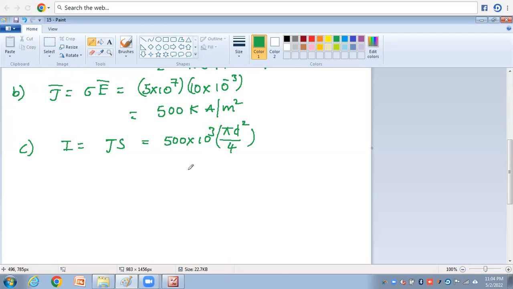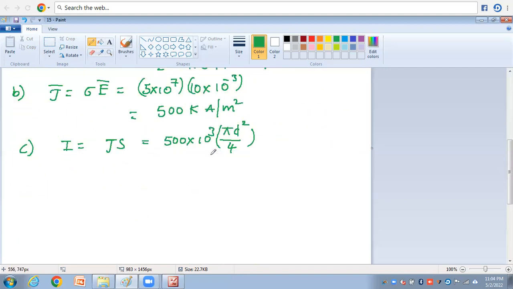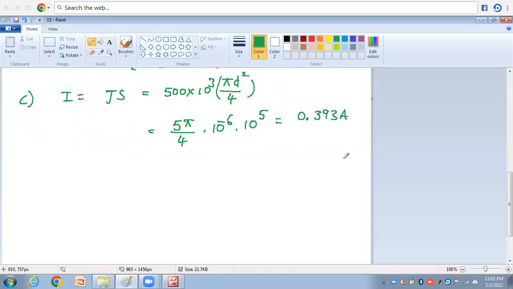So substitute all the values: d squared means 1 millimeter squared. So finally pi by 4 into 10 to the power of minus 6 because of d squared, into 5 into 10 to the power of 5. So the resultant is 0.393 amperes.